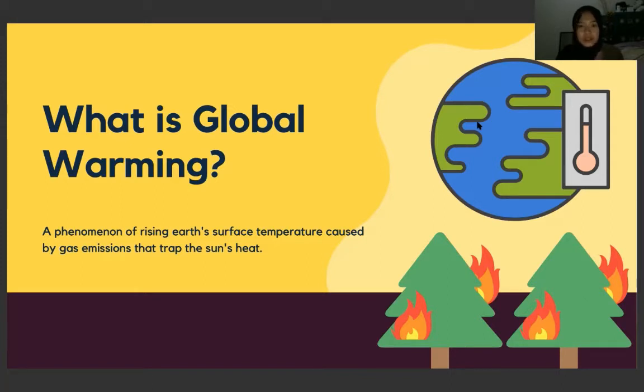It is called the greenhouse effect. The increase in temperature on the Earth's surface causes climate change and can impact natural events such as hurricanes, tropical cyclones, and floods. Global warming itself has a big impact on the balance of the Earth, which of course can also affect the living things on our Earth.